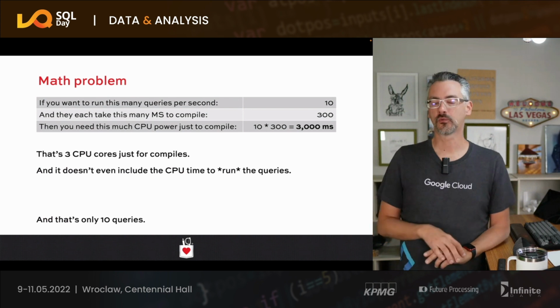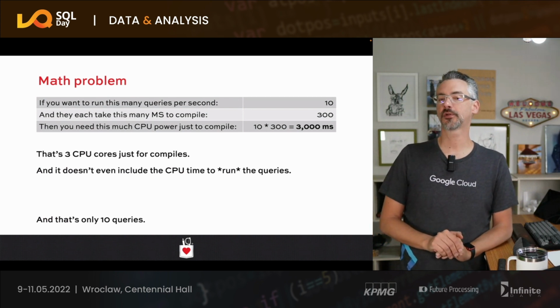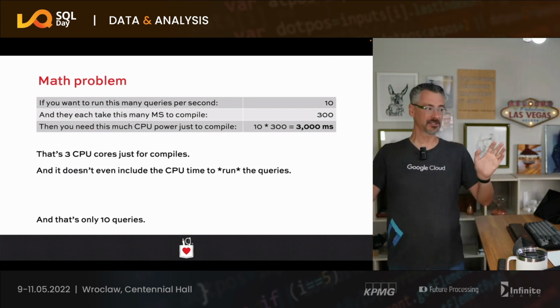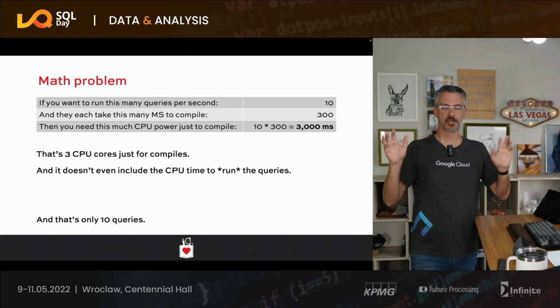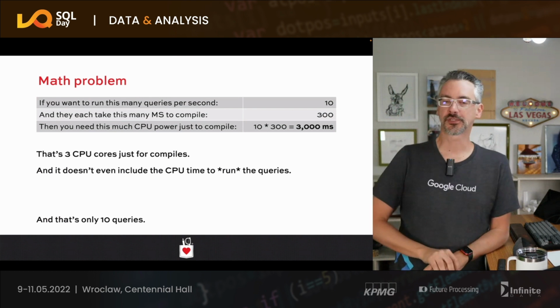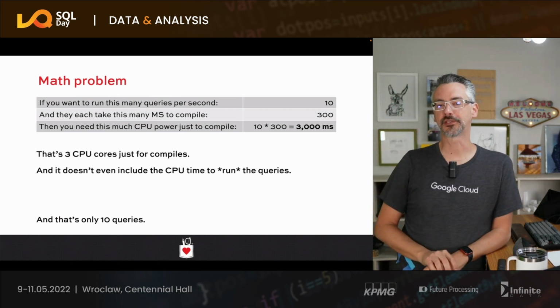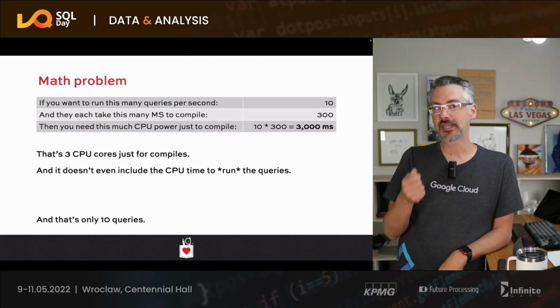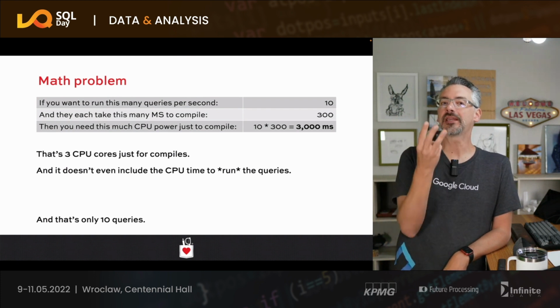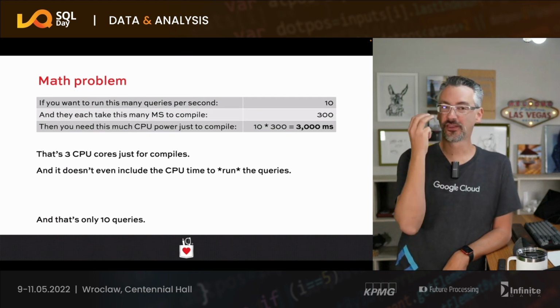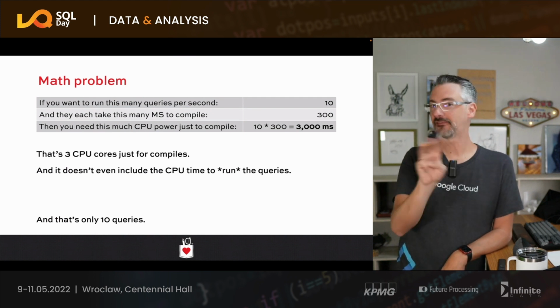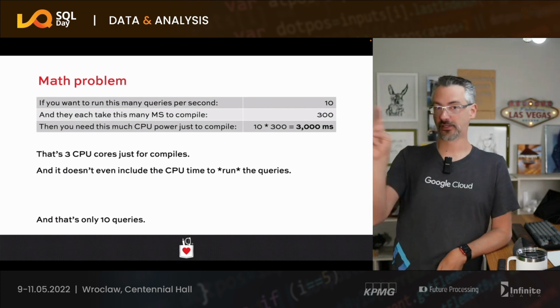If you only want to run 10 queries per second, and 10 queries per second is a tiny number, and each of those queries takes 300 milliseconds to compile, that means you need 3 CPU cores just to compile the queries. I haven't even started running the queries.